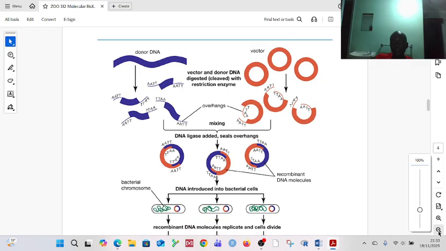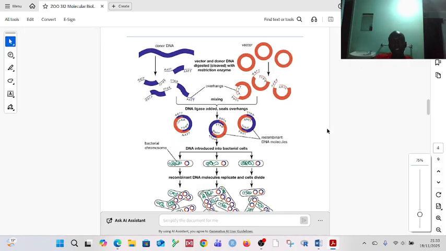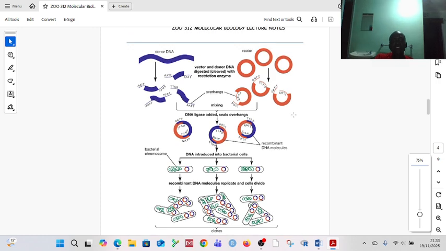This is on page 4, where you now have donor DNA. This is DNA that you want to get a specific gene from. To get that gene, you digest this DNA with restriction enzymes.